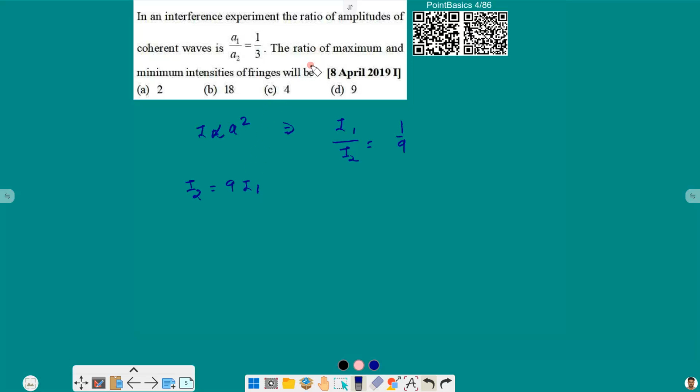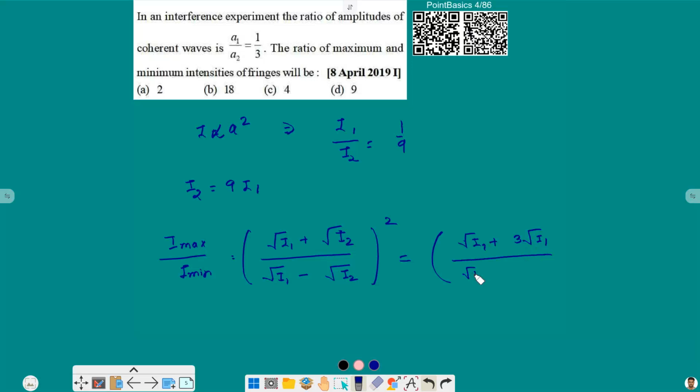Now we have to find the ratio of maximum and minimum intensity. So I max by I minimum is equal to (under root I1 plus under root I2) divided by (under root I1 minus under root I2) whole square, and this will give us (under root I1 plus 3 times under root I1) divided by (under root I1 minus 3 times under root I1) square.